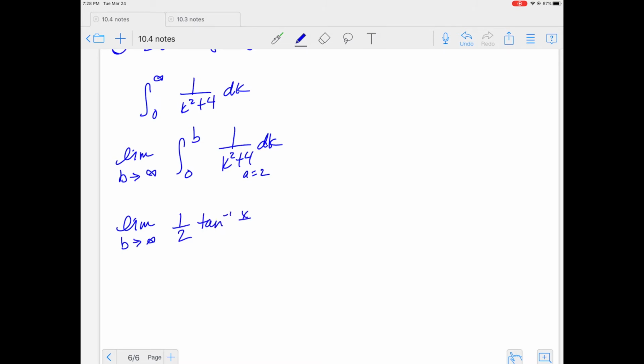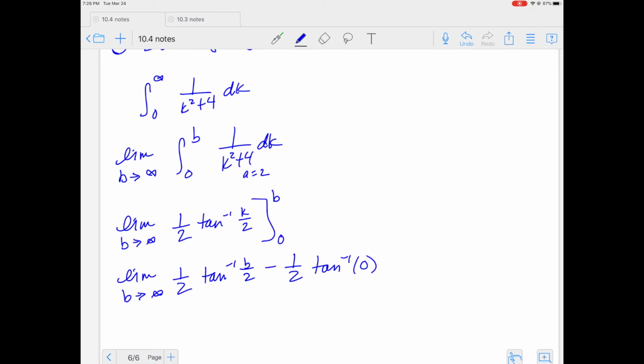Inverse tangent of x over a, which is 2, or k in this instance, sorry. And I am evaluating that from 0 to b. Okay, so I have the limit as b approaches infinity here of 1/2 inverse tangent of b over 2 minus 1/2 inverse tangent of 0.